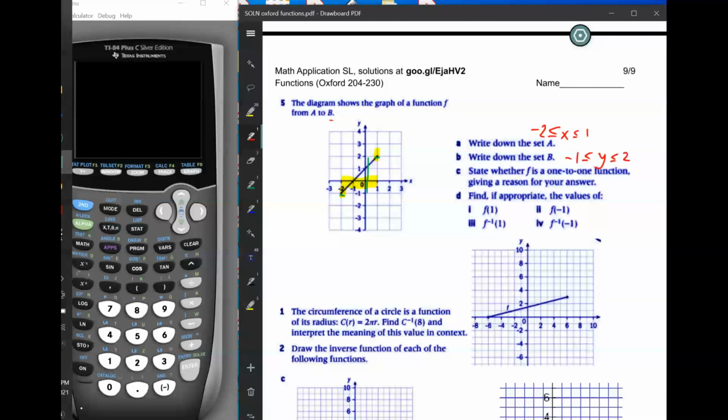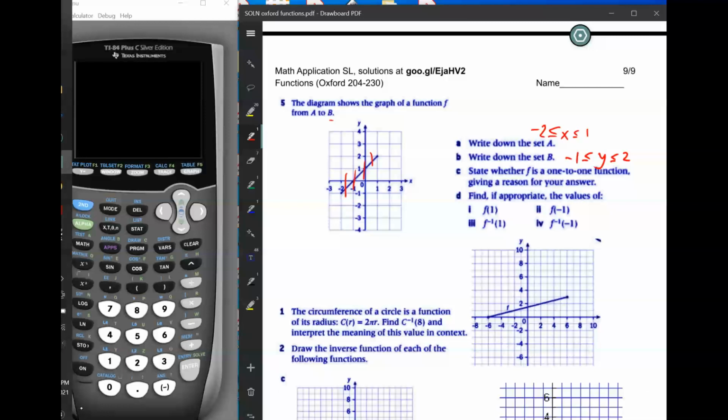Okay, state whether f is a one-to-one function, giving a reason for your answer. So remember that the way you prove something is a function or a one-to-one or a many-to-one function is you do the vertical line test. So if we do the vertical line test, we're proving that it is one-to-one or many-to-one.